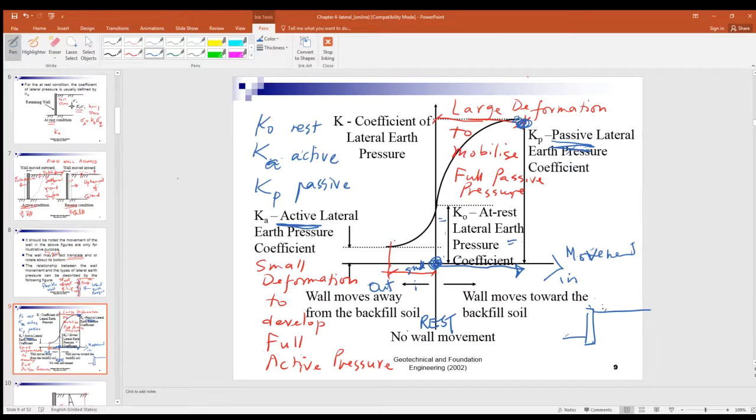So you have to move quite a lot to develop, as a ground surface, large delta, right? To give you the full passive pressure.